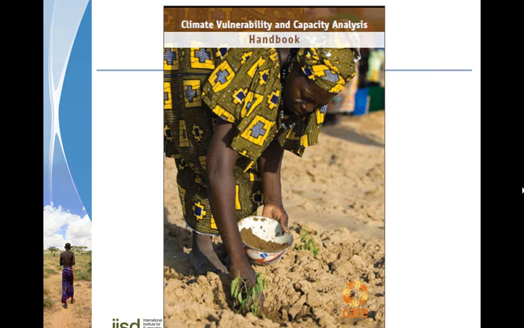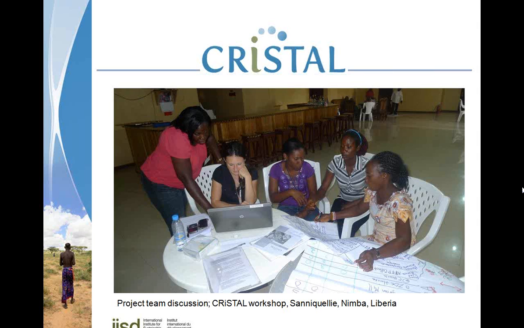In addition to this information from communities, a limited amount of secondary literature research needs to be conducted to fill out all the steps of CRiSTAL. Once all this information is gathered, the project team can enter the information into the Excel program or the new desktop application and then conduct the analysis.